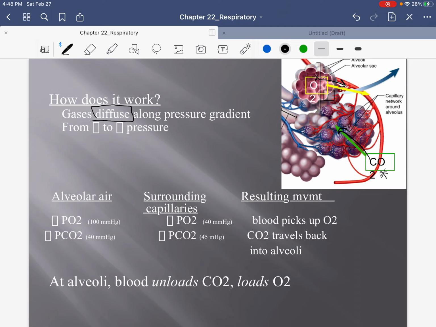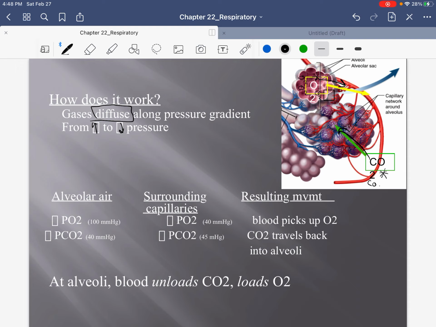We have a concentration gradient where there's more of one gas on one side versus the other. Think about oxygen. There's going to be more oxygen in the alveoli because you just breathed it in. So there's more oxygen in the alveoli compared to the blood. So oxygen will move from a higher concentration inside the alveoli to a lower concentration in the blood.